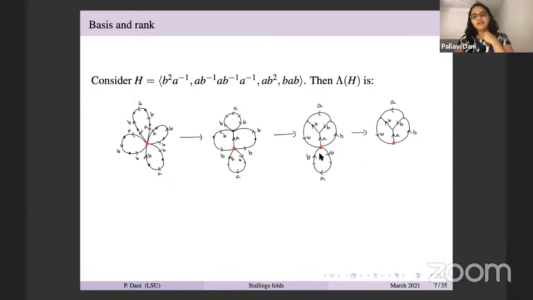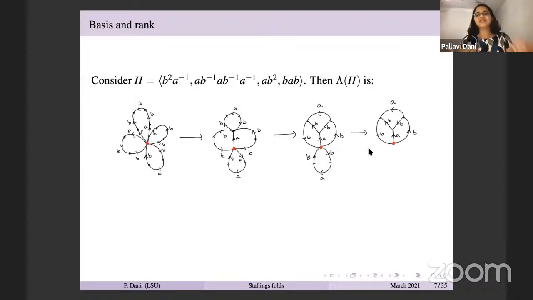Anyway, here in the penultimate step, if you see, there's this loop, which is labeled by BAB, hanging down, and a loop BAB going around this graph. And what's happened in the last step is it's actually a sequence of 3 folds. I compressed it so that it all fits in one line, but 3 folds gets you from this graph to this graph, and suddenly you've killed one of the loops.